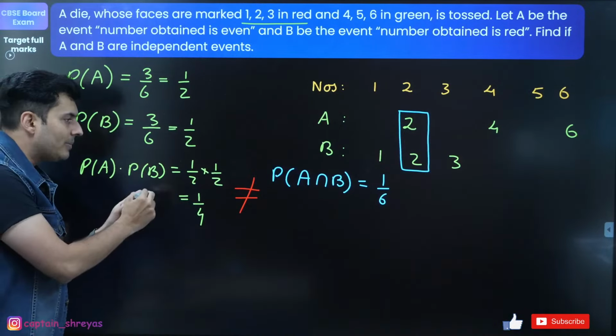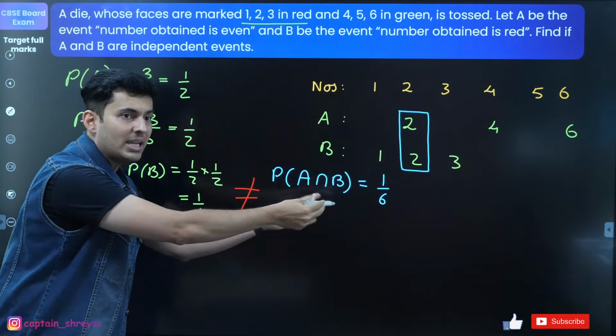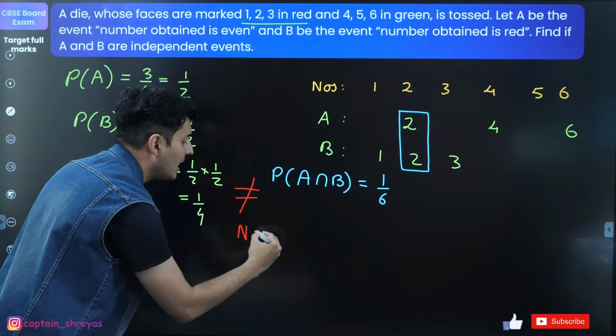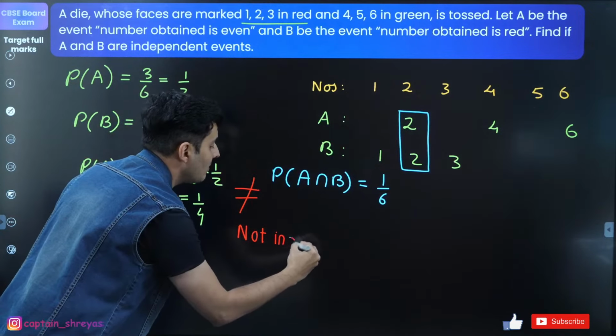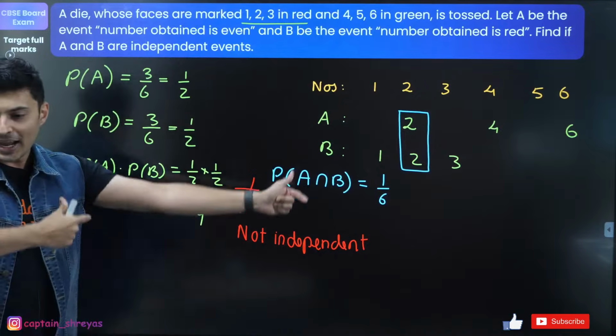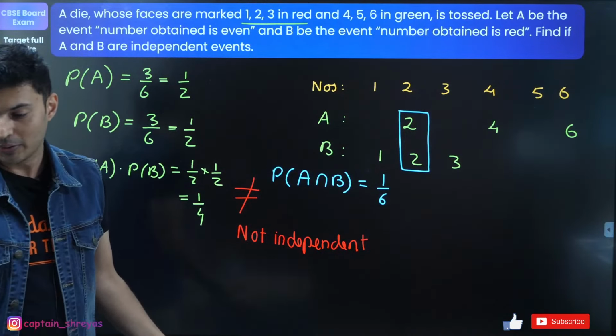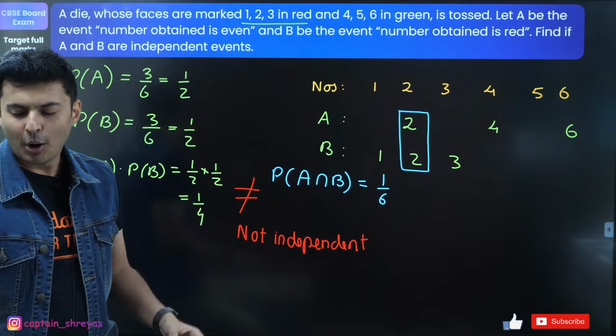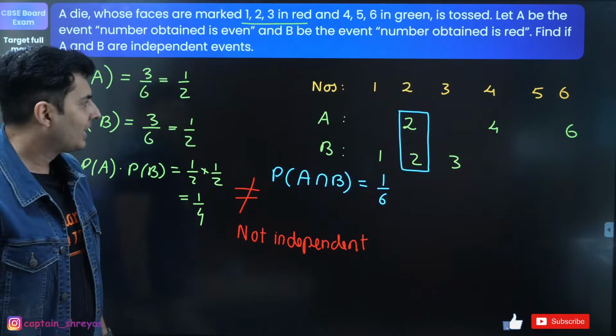If P(A) into P(B) is P of A intersection B, only then it is independent. Because it is not equal, hence it is not independent. Not independent. Understood, guys? Very good. Basically, they are dependent events. Exactly. Amazing, guys.